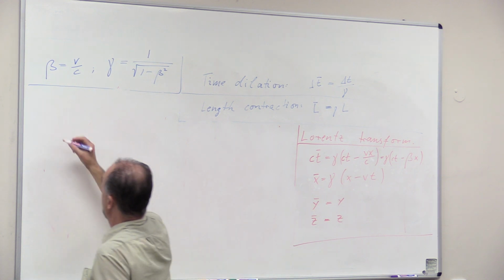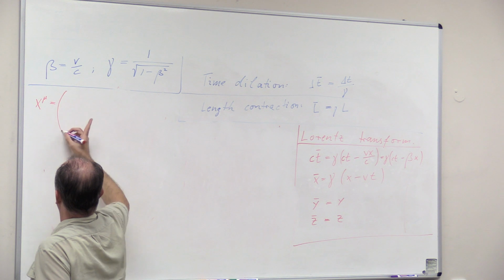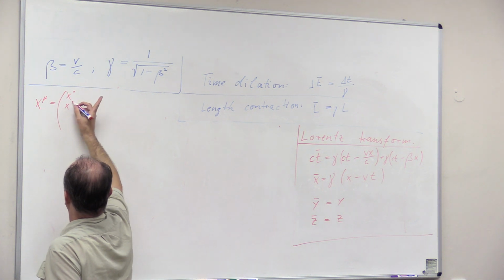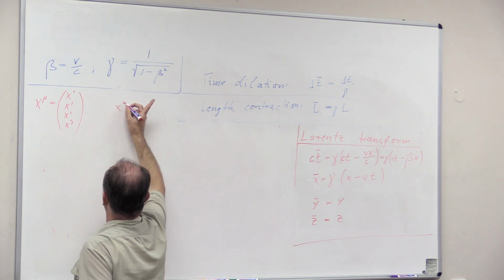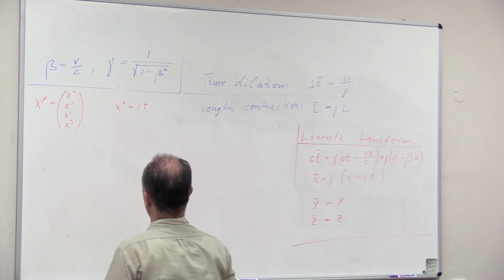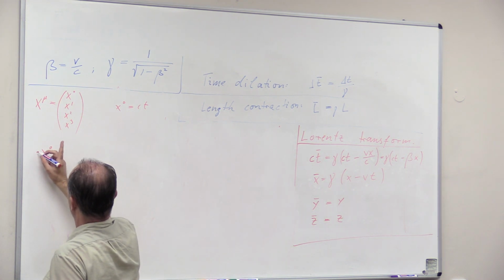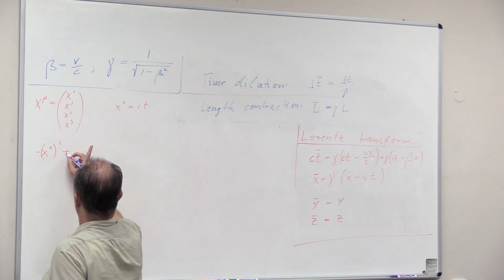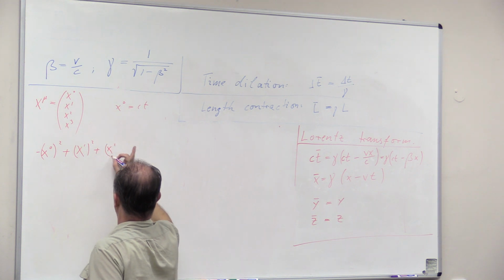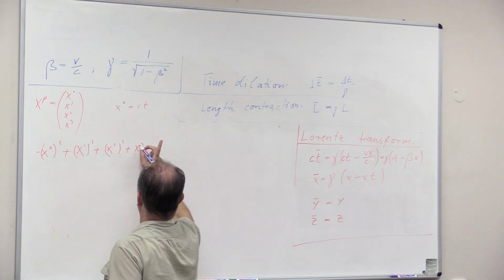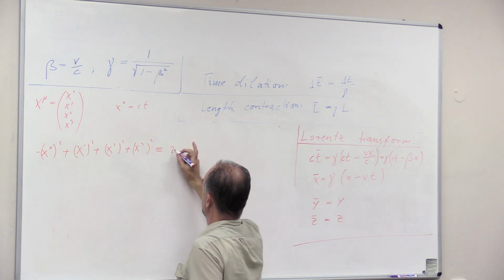So it means that we have our x mu as x0, x1, x2, x3, with x0 being ct. Then we know that minus x0 squared plus x1 squared plus x2 squared plus x3 squared is constant, or is invariant.